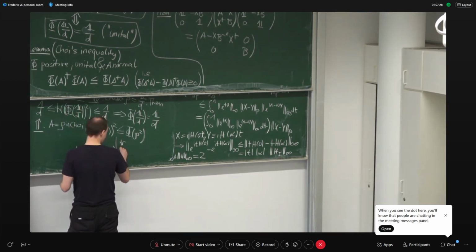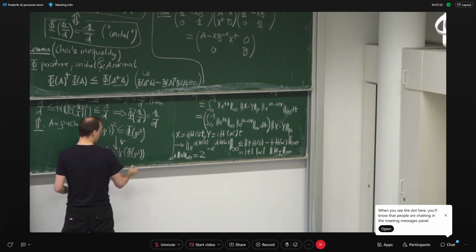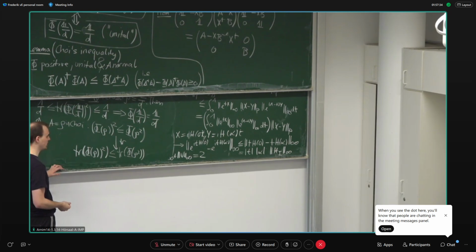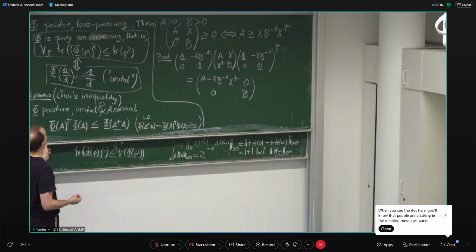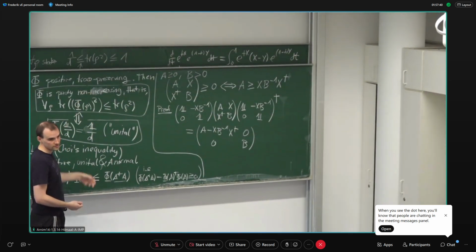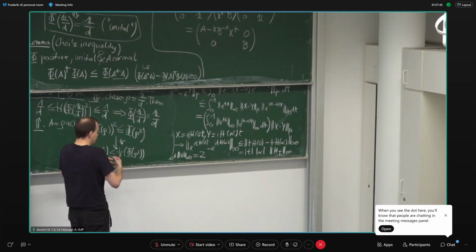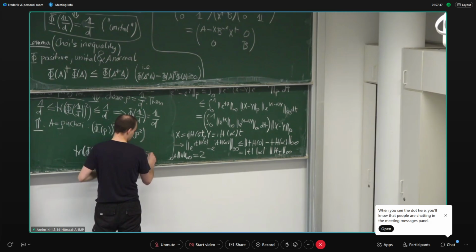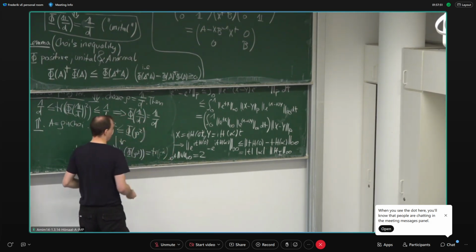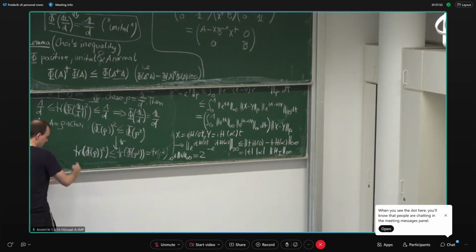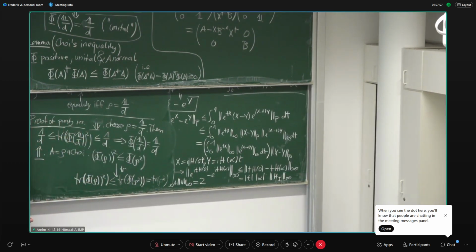But on the other side, we now have the trace of phi of something, and phi was assumed to be trace preserving. So applying phi does not change the trace, meaning this is already the purity. And that's what we wanted to see. This expression does never exceed the purity of the original state.